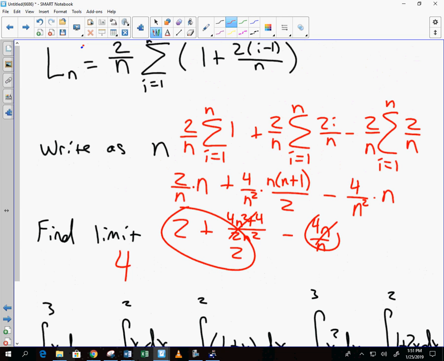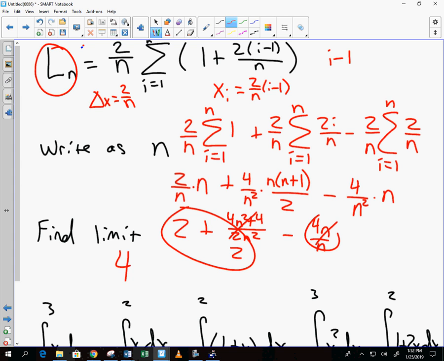Well, because it's the I minus 1, and because it says left hand, I know that it's left hand. So what this tells me right here is that my delta x is 2 over n. And what it tells me is that my x sub I is 2 over n times I minus 1.